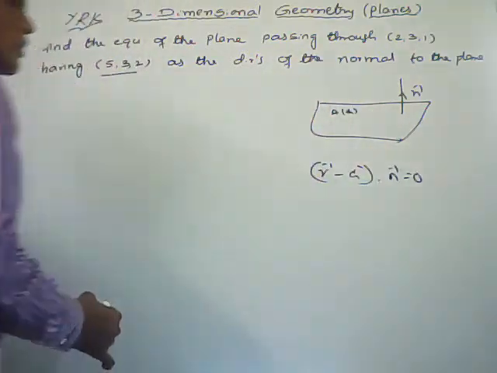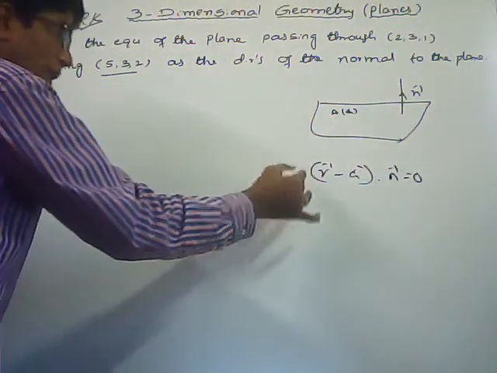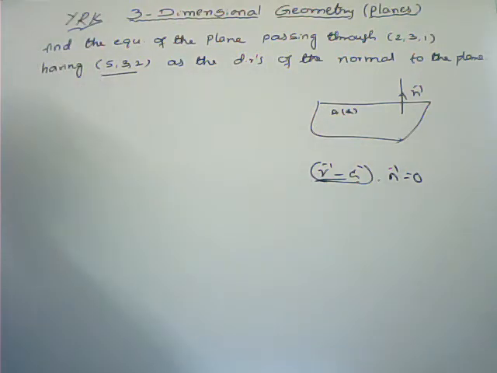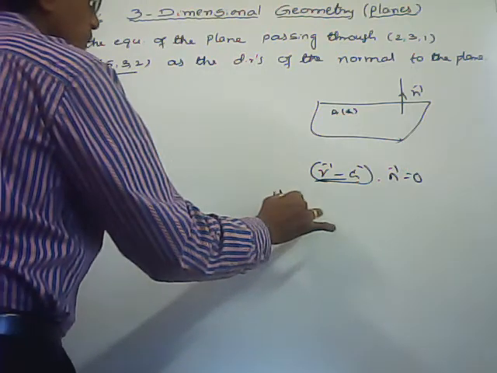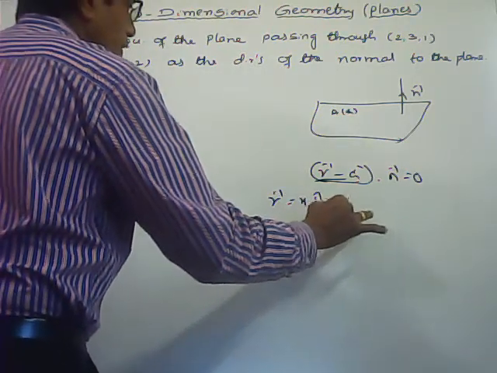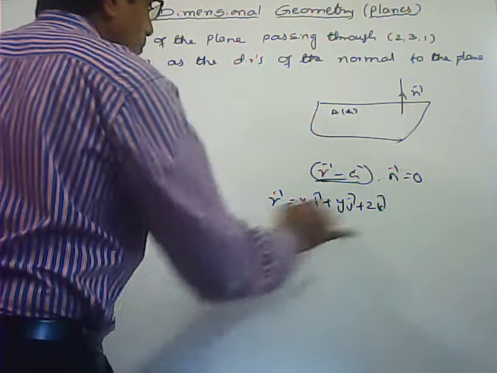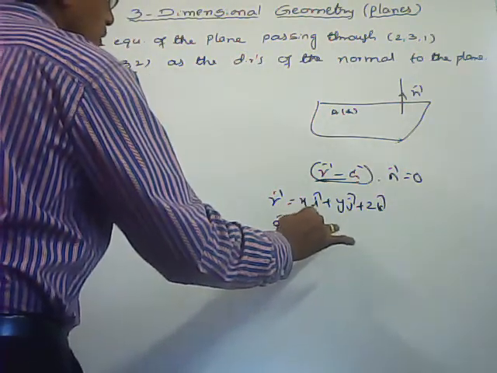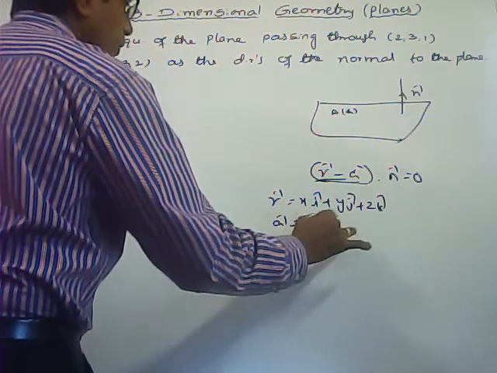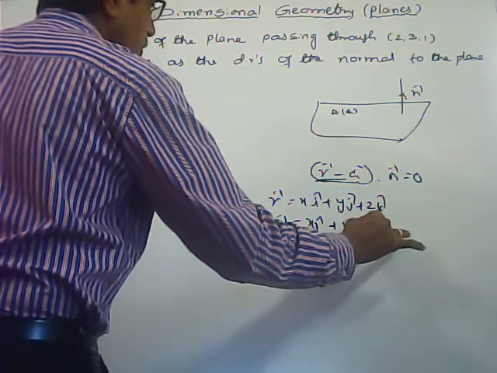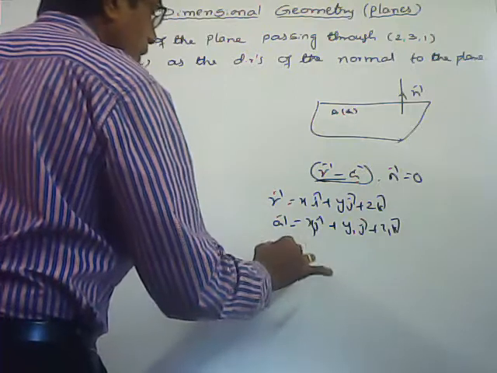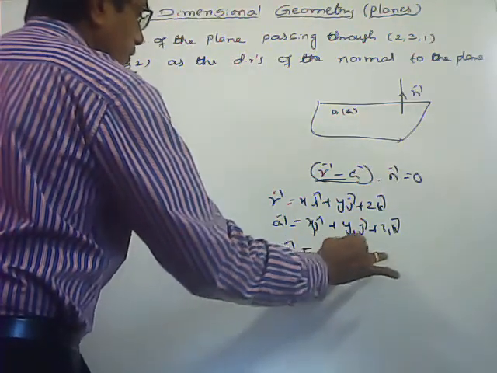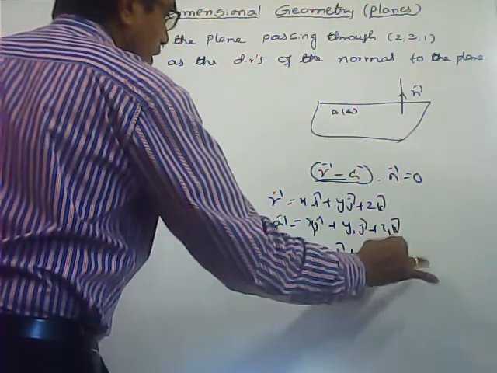Here, the Cartesian form of this: I am taking R bar equals x i cap plus y j cap plus z k cap. A bar equals, passing through that point, x1 i cap plus y1 j cap plus z1 k cap. N bar, the normal vector, is a i cap plus b j cap plus c k cap.